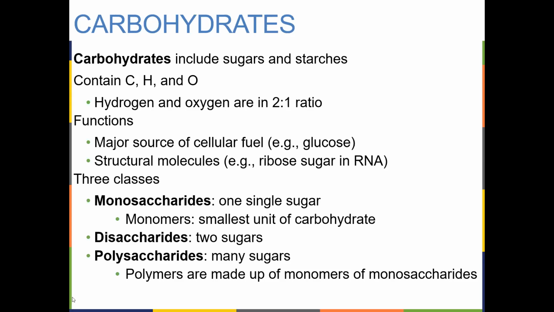The single sugar is the monomer. And so the polysaccharides are polymers, long chains of hundreds, maybe even thousands of simple sugars linked together. We use that to store energy in our bodies.